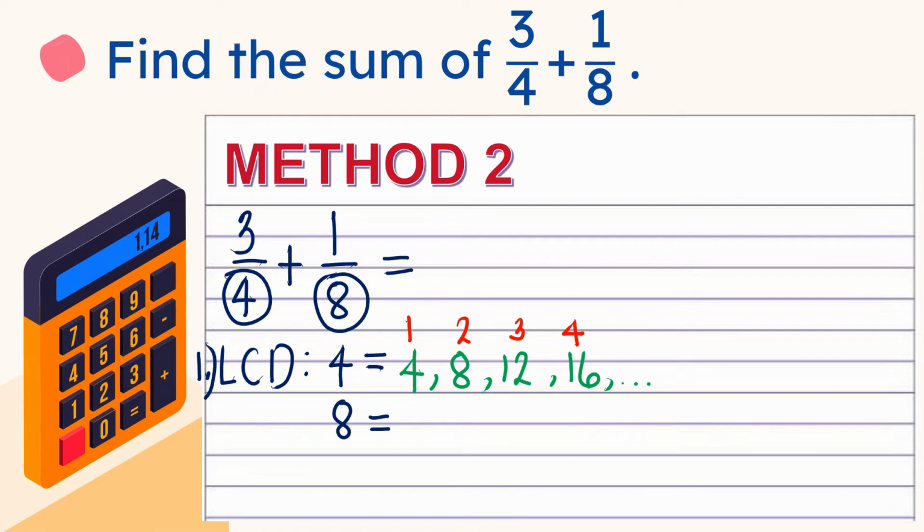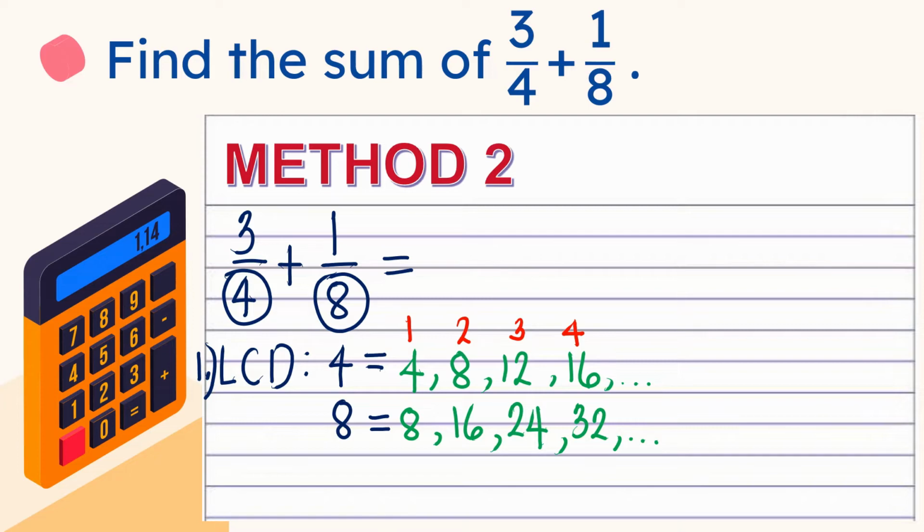Now, for 8, the multiples of 8 is 8 times 1, so we're going to have 8. 8 times 2 is 16. 8 times 3 is 24. 8 times 4 is 32. So on and so forth. Now, you will see here na merong common na multiple kay 4 at saka kay 8.